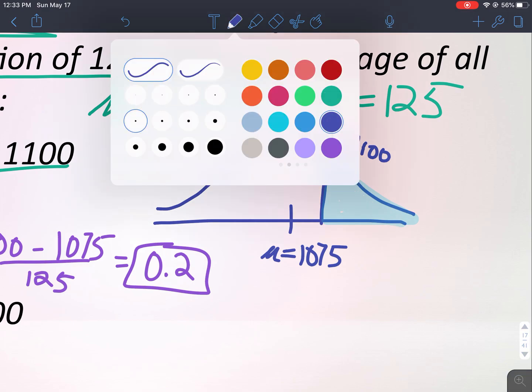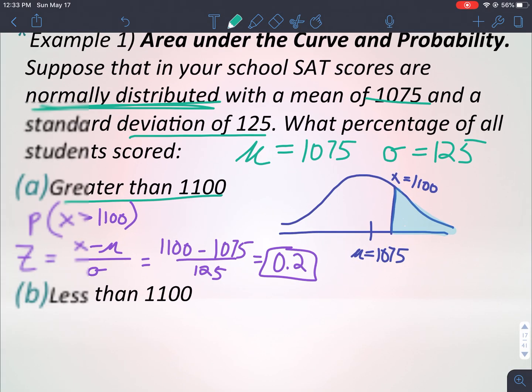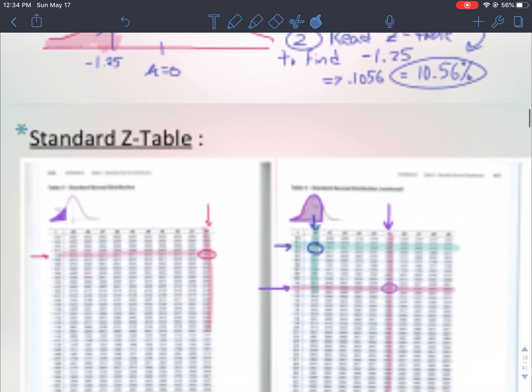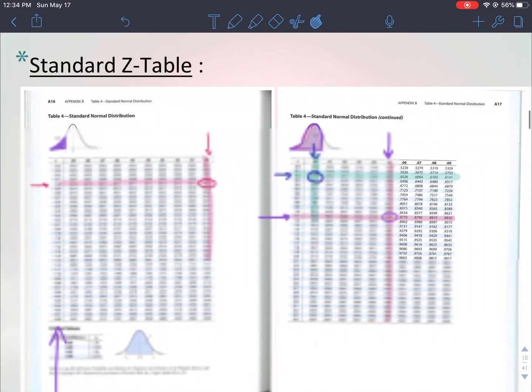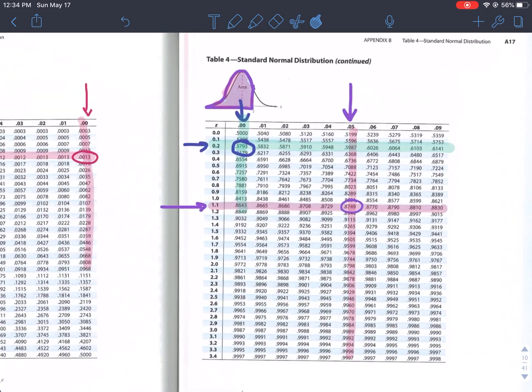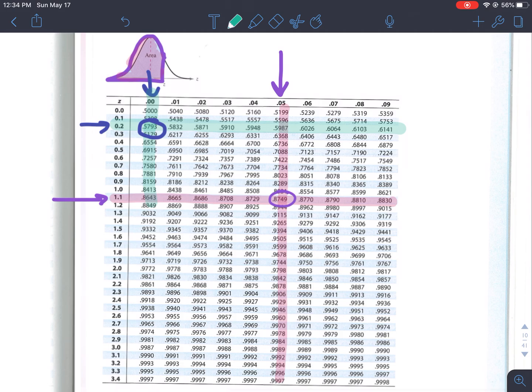And so, let's go to our z-table and look for positive 0.2. And if you look, it's positive, so we're on this side of the paper because we're on the positive side, and we're going to look up 0.20.